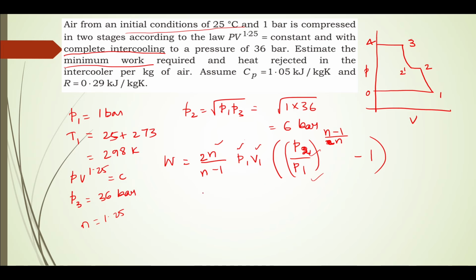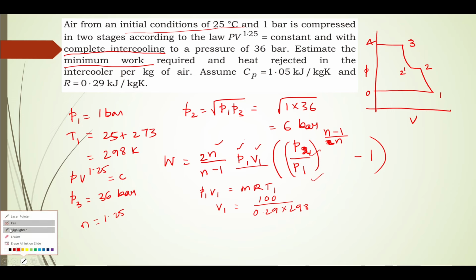P1 V1 is equal to mRT1. Here we will assume m as 1, then V1 is equal to P1, which is 1 bar or 100 kPa, by R, which is 0.29, multiplied by 298. Or we can directly use mRT1, anything is fine. We'll directly use mRT1.